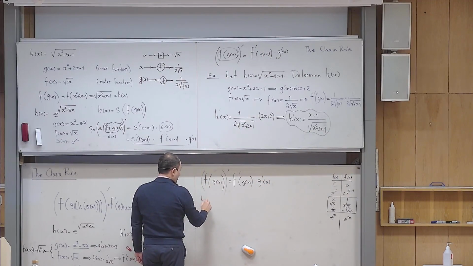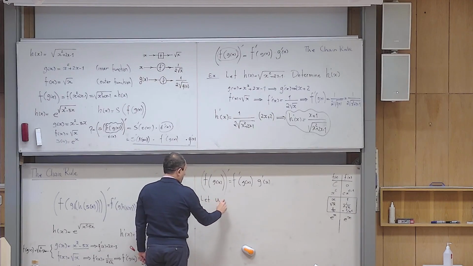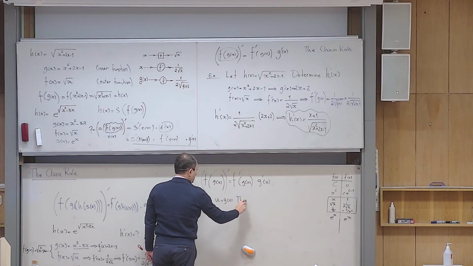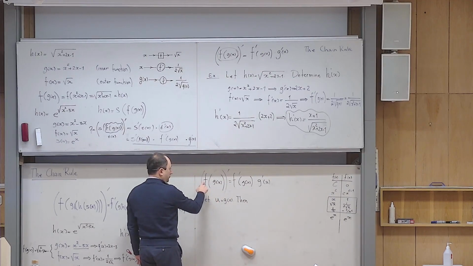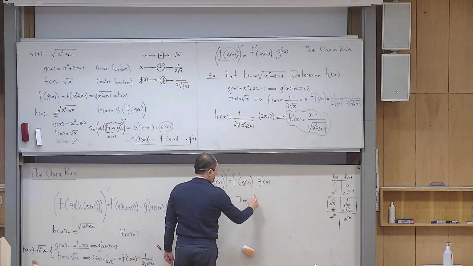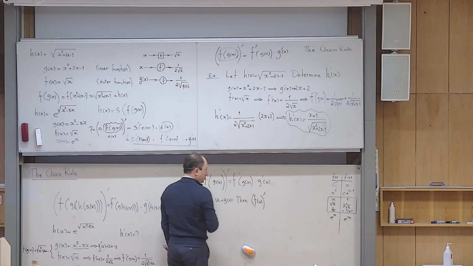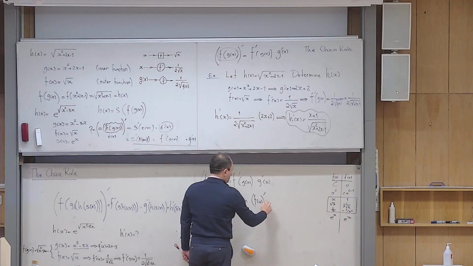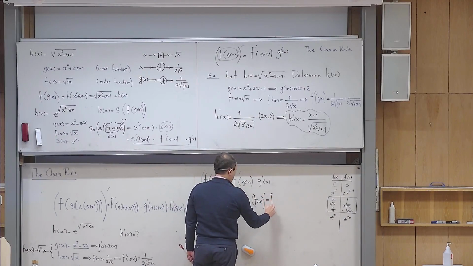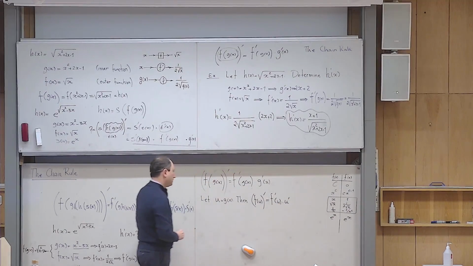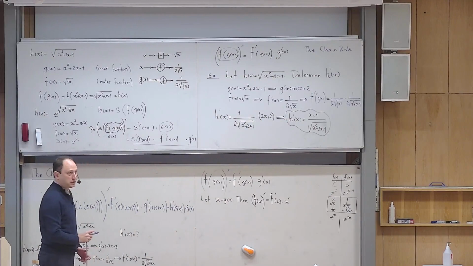So I would say let u be equal to g of x. Then the formula reads like this: f of u, prime, is equal to f prime of u multiplied by u prime. This is the way that you see it.